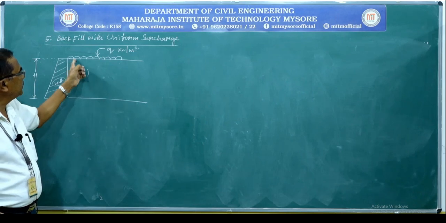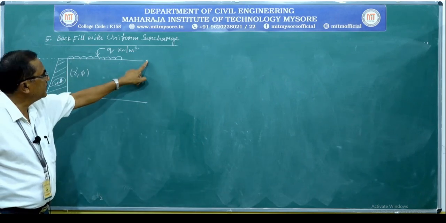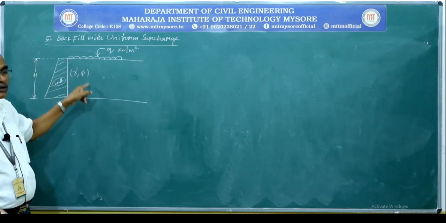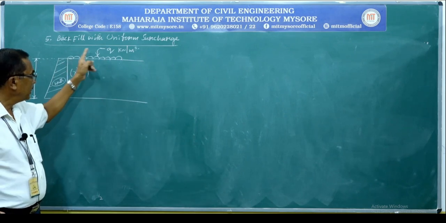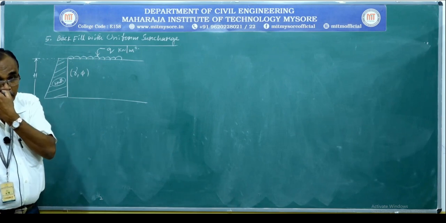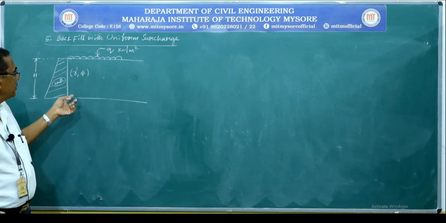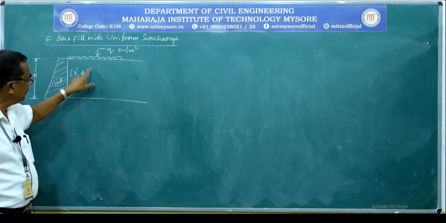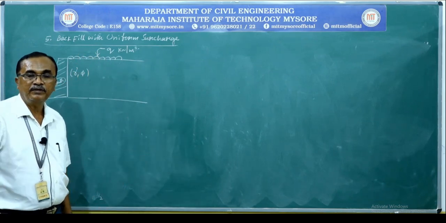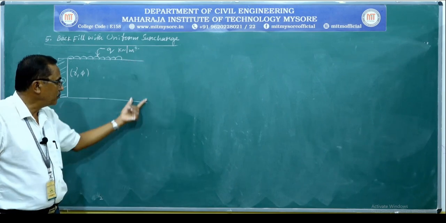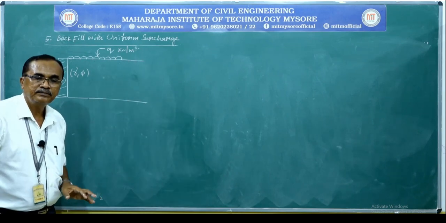So earth pressure at the top of the wall is equal to Ka into q. Coefficient of earth pressure of the backfill multiplied by the intensity of UDL acting over the backfill, and that will be uniform throughout the height.